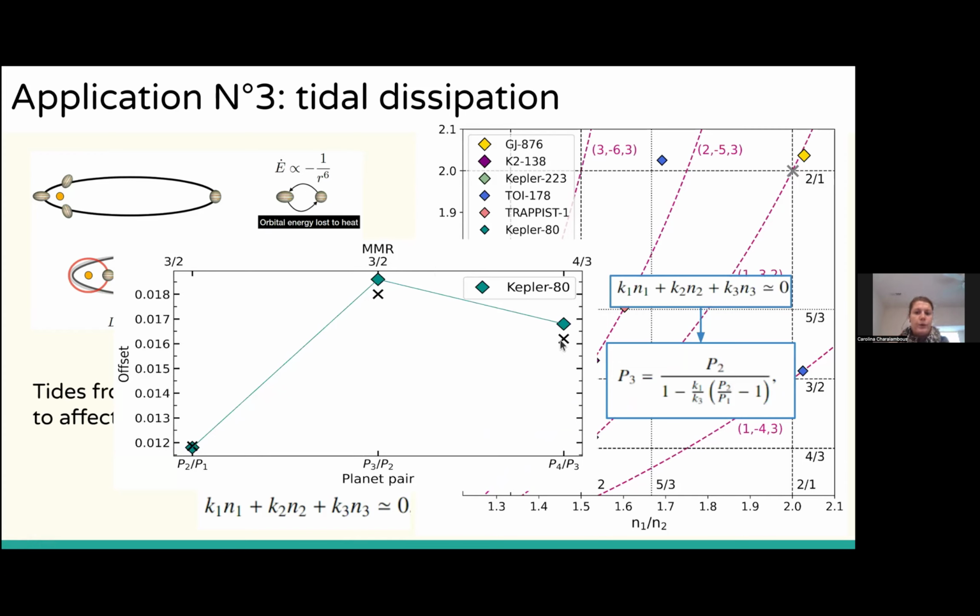And if we compute the periods following the 3 planet commensurability, we see the same trend that is shown here in black crosses. So we see that the departure from the resonance is following a trend that is governed by the 3 planet commensurability.